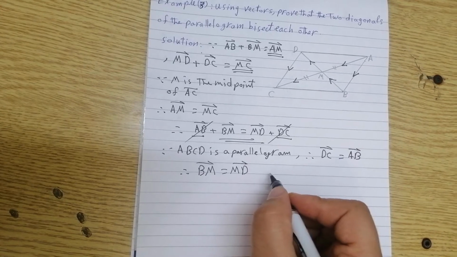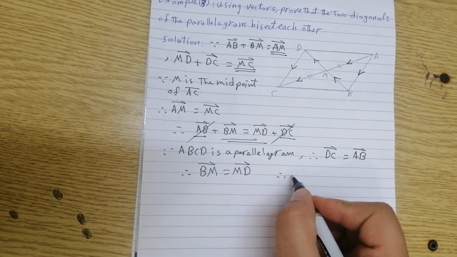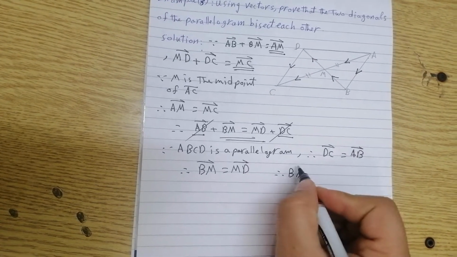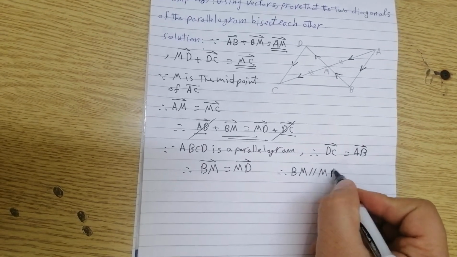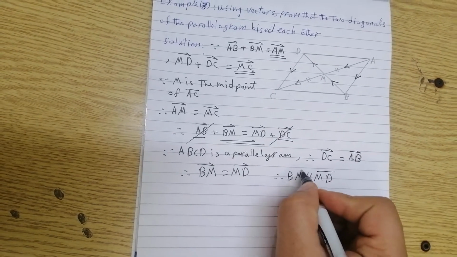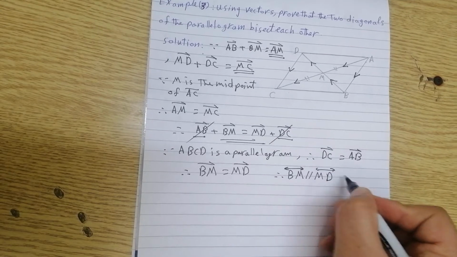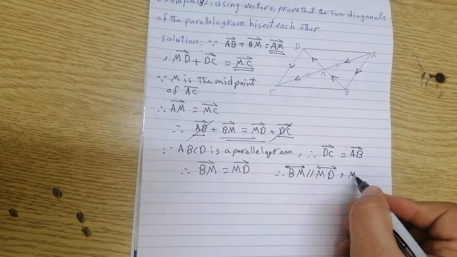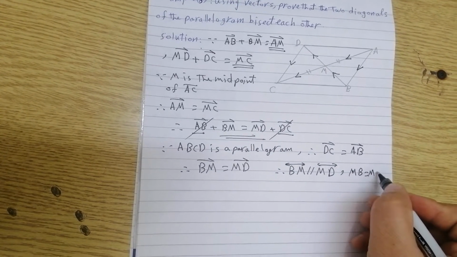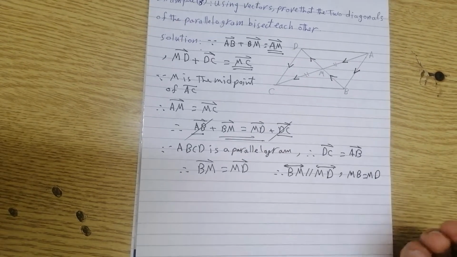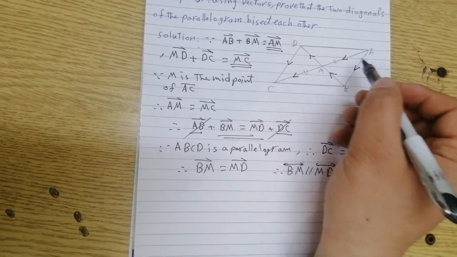That means that BM is parallel to MD, and MB equals MD in length. What does it mean?